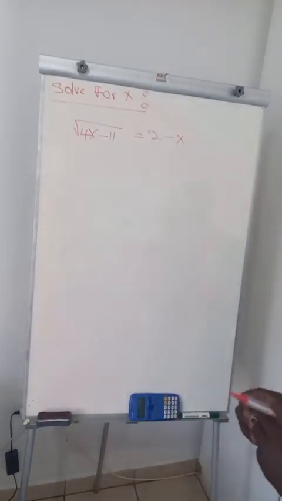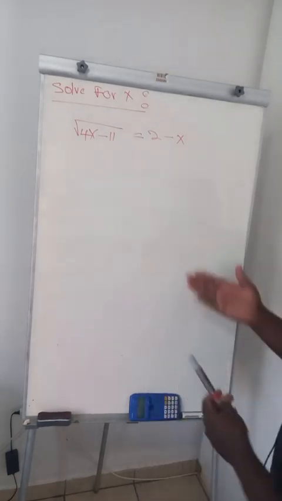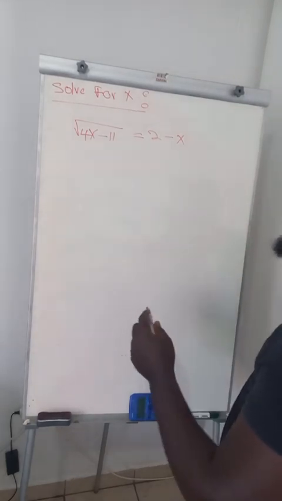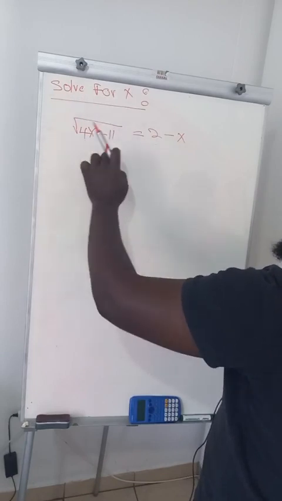So once you get a question like this, you need to find the values. So when you're finding the values here, you need to also substitute the answers at the end.